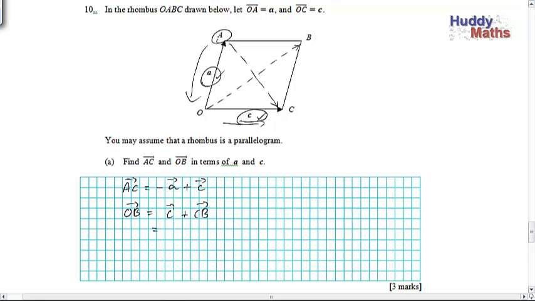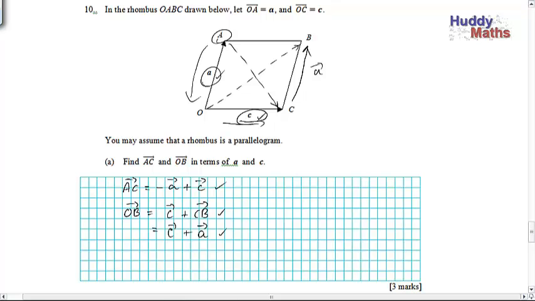Because it's a parallelogram, this displacement C to B is the same as A, equivalent to A. So it's C plus A. Okay, so let's mark that. One for that one, and actually one for that and one for that. So that's 3 there, getting those in terms of A and C.